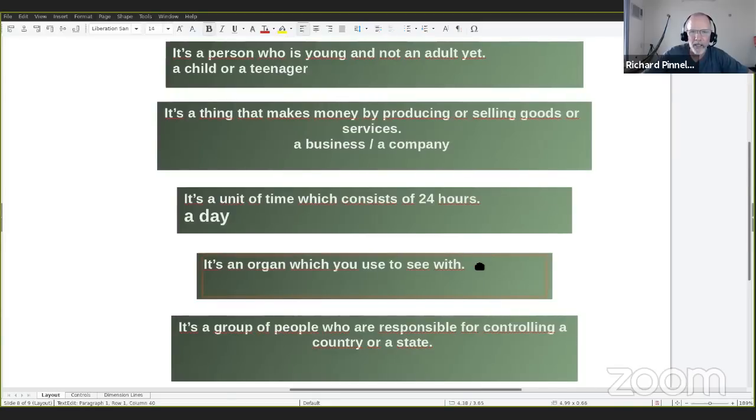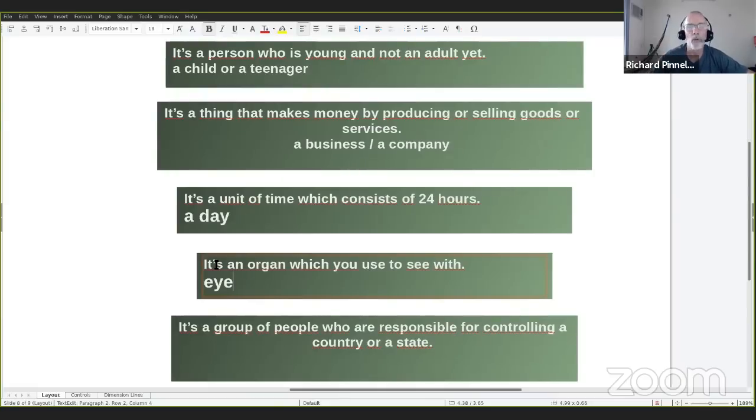If you're speaking English and you don't know a word, you can use a relative clause to try and explain that word. For example, if you don't know how to say eye in English, you can say, oh, it's a thing you use to see with, or it's a thing which you use or that you use to see with. Oh, it's an eye.